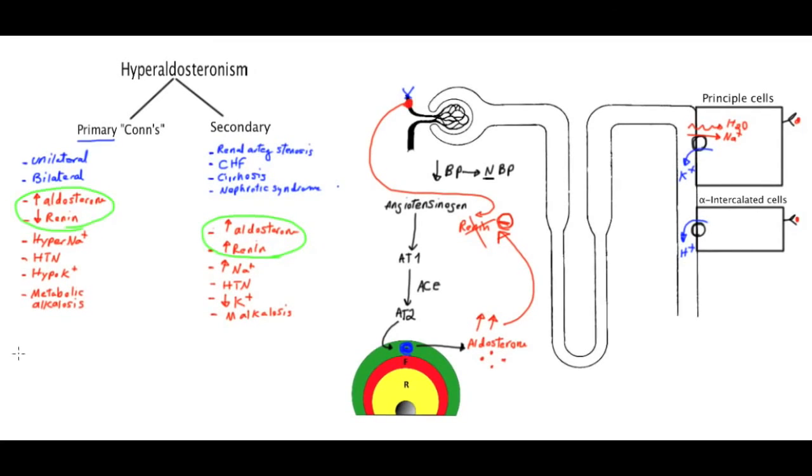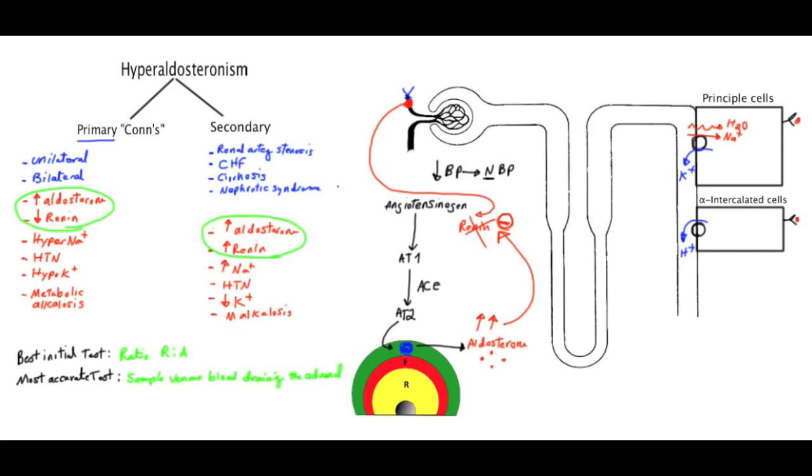So our best initial test is to measure the ratio of renin to aldosterone. If renin is high, then it's going to be secondary. If renin is low, then it's going to be primary. And if we're still not sure, we can do the most accurate test, which is to sample the venous blood draining the adrenal glands, which will show high aldosterone levels.